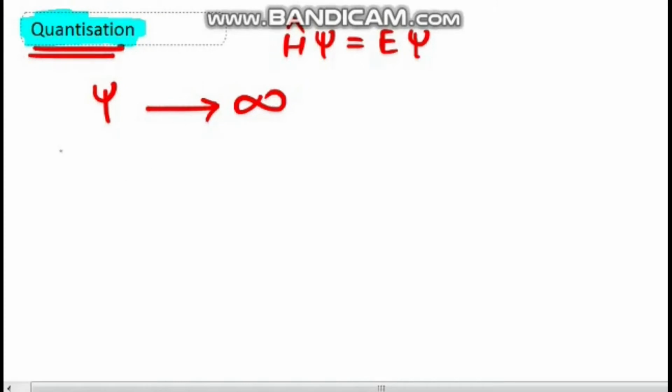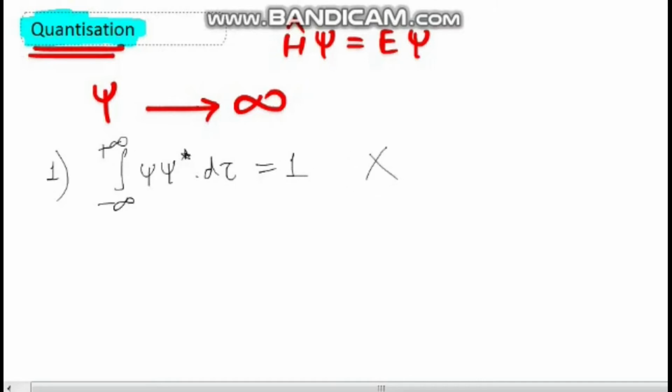There are two reasons for that. First, if psi goes to infinity at any point, then the normalization integral will not be 1, because we are integrating from minus infinity to plus infinity, and if psi goes to infinity anywhere, this condition will not be followed.